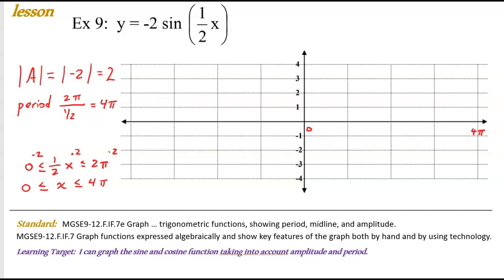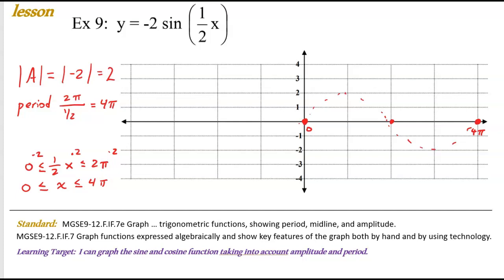Now here's where we need to be careful. Normally, the sine wave function will start at 0, so we have our x-intercepts. And the curve usually goes up to whatever the absolute value of a is, up to 2, back down. That's normally what our sine wave function does. But because of the -2, that's going to reflect over the x-axis.